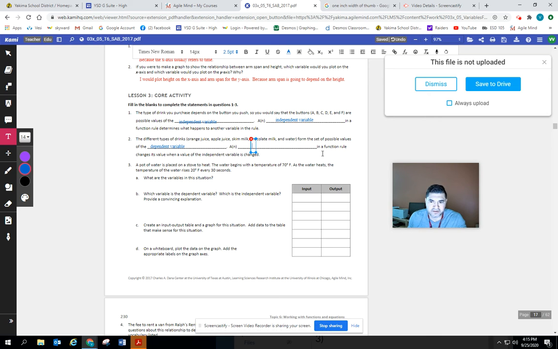Okay, a blank in a function rule changes when a value of the independent variable is changed. So we have independent variable here, and which variable is going to change when this changes? Well, the dependent.